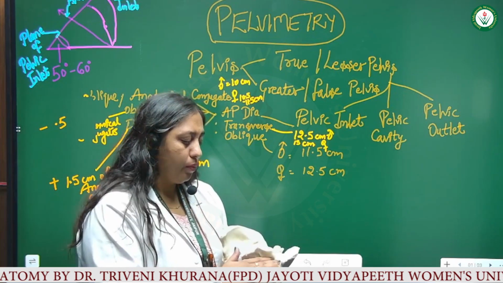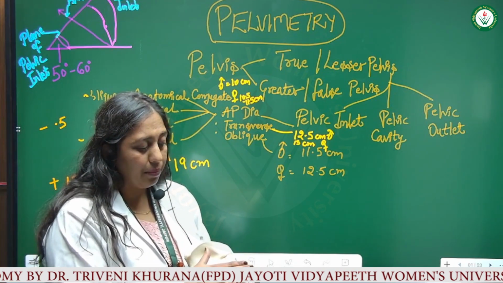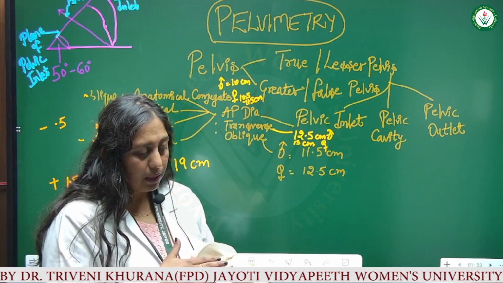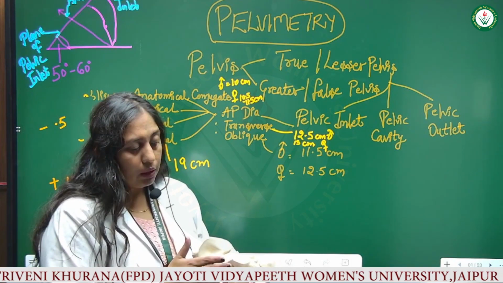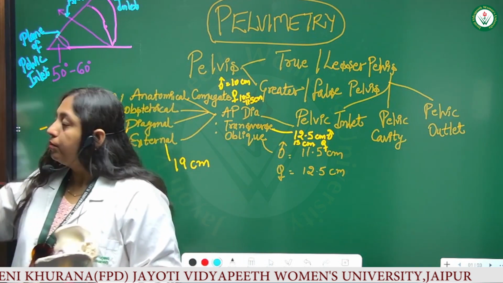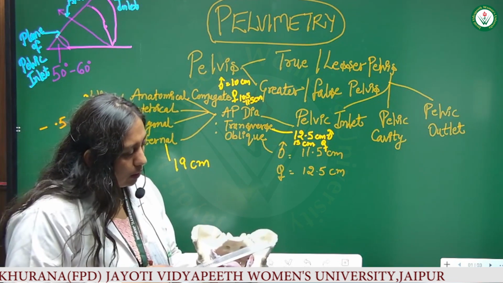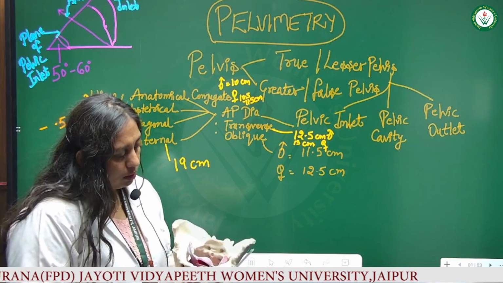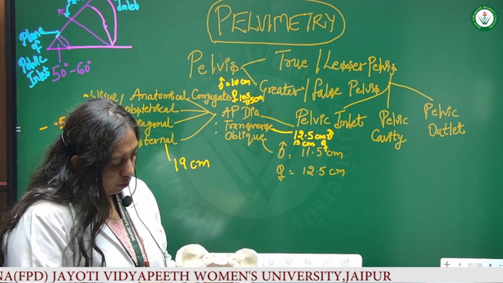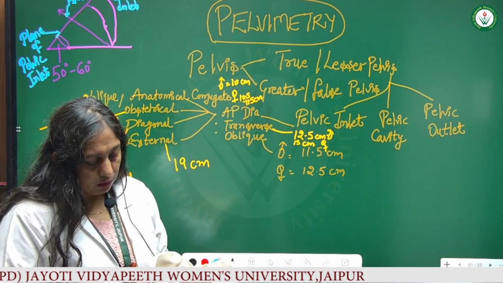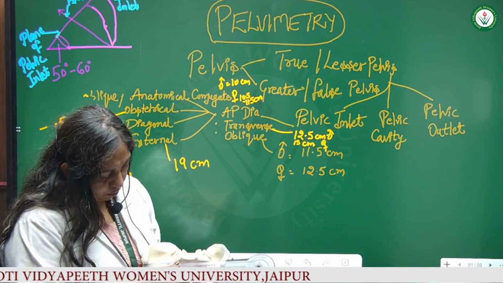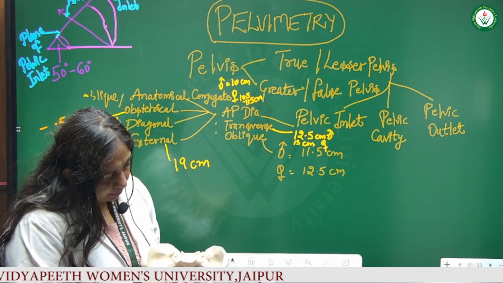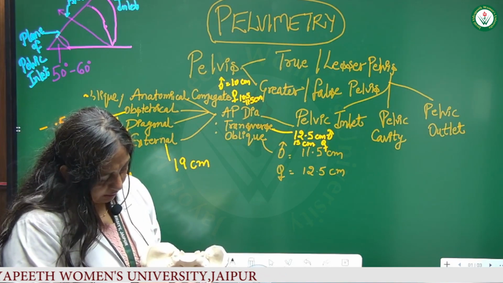Now the two diameters existing in the greater pelvis are first the interspinous diameter. The interspinous diameter extends from the ASIS of the right hip bone to the ASIS of the left hip bone, and it generally measures about 20 centimeters.